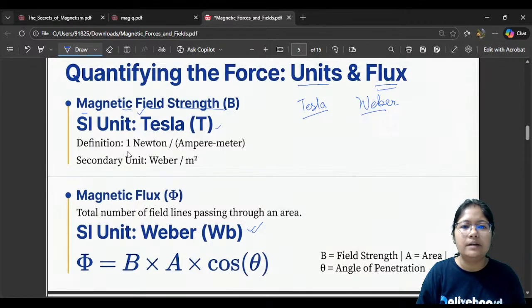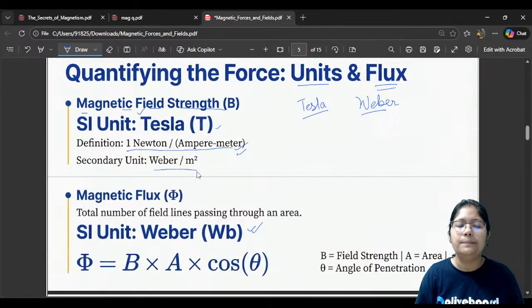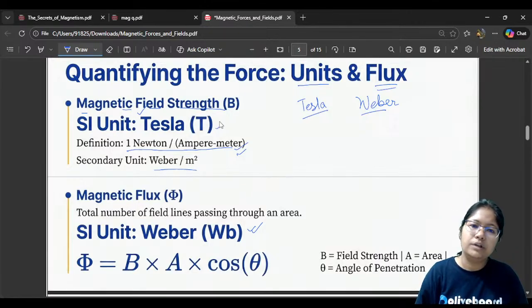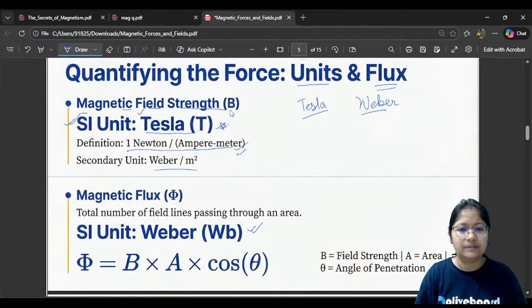It is 1 Newton per ampere meter. The secondary definition is another unit, Weber per meter square. Or you simply remember the unit, this is what they ask most of the time. It is Tesla for the magnetic field strength.